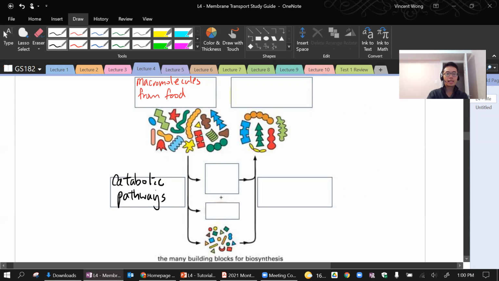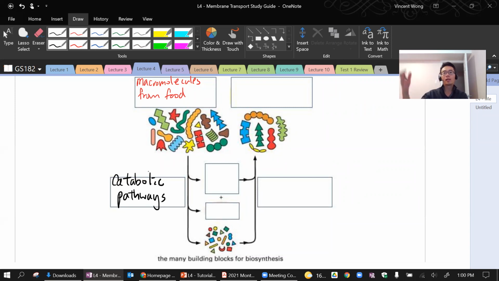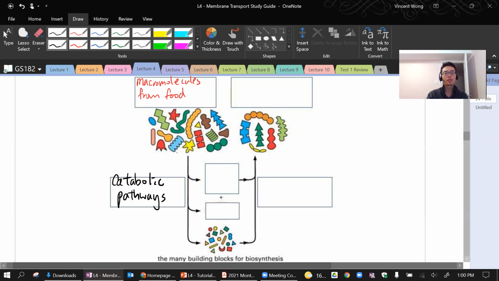As you will learn in lecture 5, to break down glucose involves 20 steps. It's not a one-step process. There are many small steps, and each step is going to be catalyzed by an enzyme. That's why it is usually called a pathway, because there are many steps.